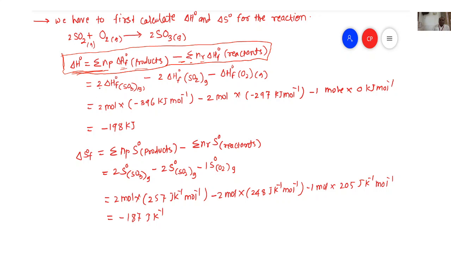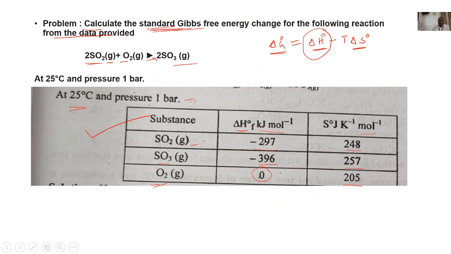So delta H0 of F for SO3 gas, we are talking about it here, it is in the product. Product minus reactant. Why 2?